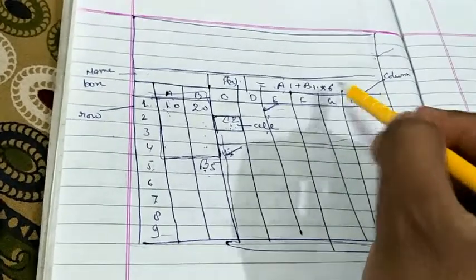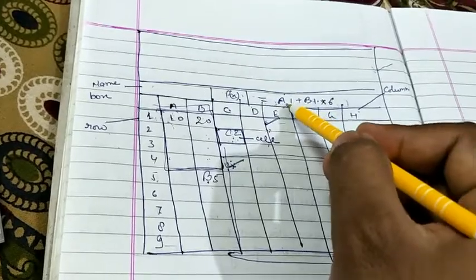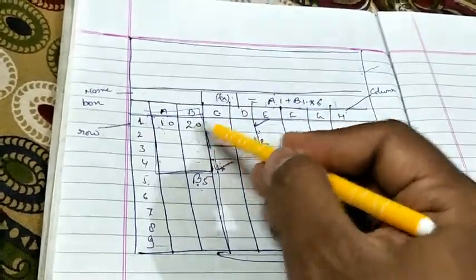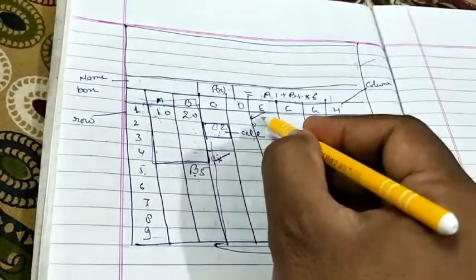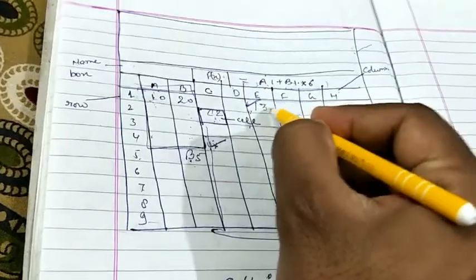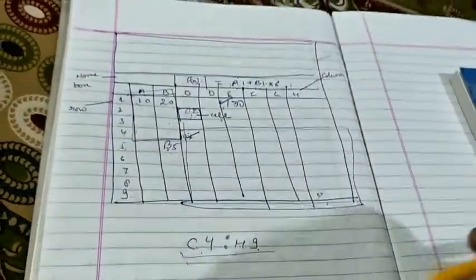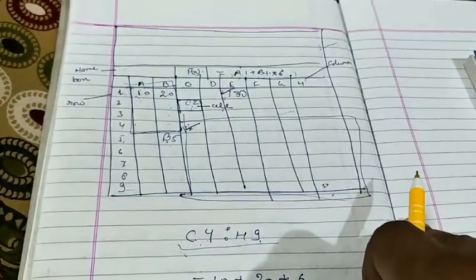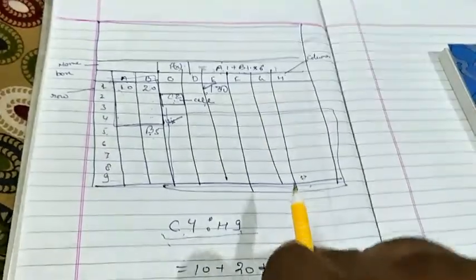When you press Enter, Excel accesses the value of A1 from here and the value of B1 from here, calculates it and displays the result in this cell. That is the process of working of a formula in MS Excel. In this way it will work.